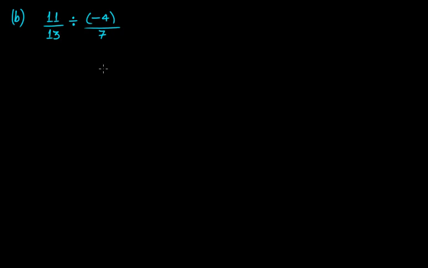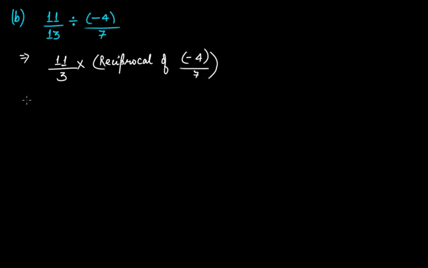In this case, again, it should be 11 over 3 times, that is multiplication, the reciprocal of minus 4 over 7. So reciprocal of minus 4 over 7 means that this minus 4 will become the denominator and this denominator becomes numerator, that is 7 becomes at the place of minus 4.